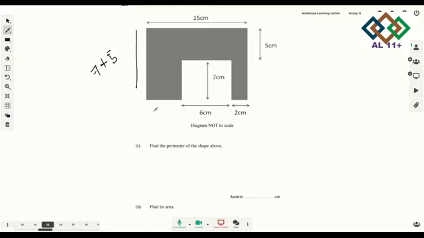So here, this one we have 6 and 2. So you need to minus it from 15 minus 6 plus 2. We need to have 15. So that's 7, 8, 9, 10, 11, 12, 13, 14, 15. That would be 7. So this one is also 7.